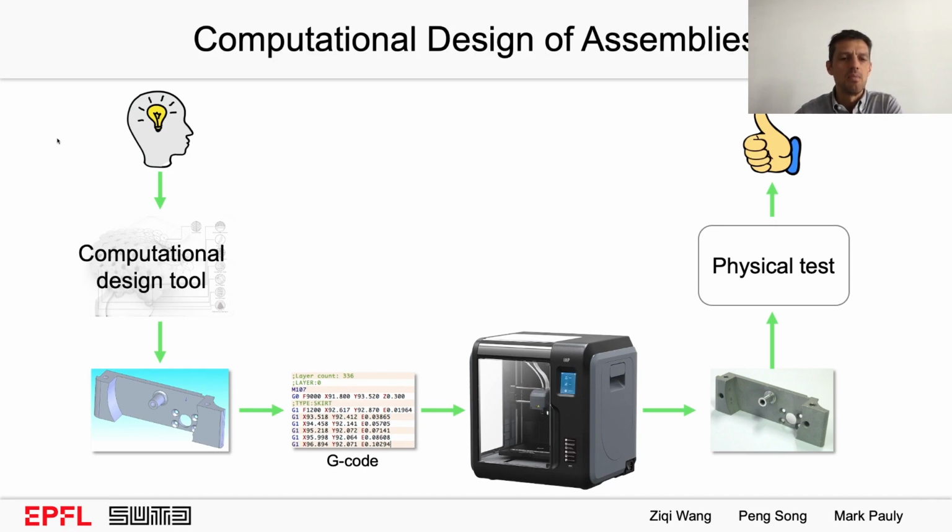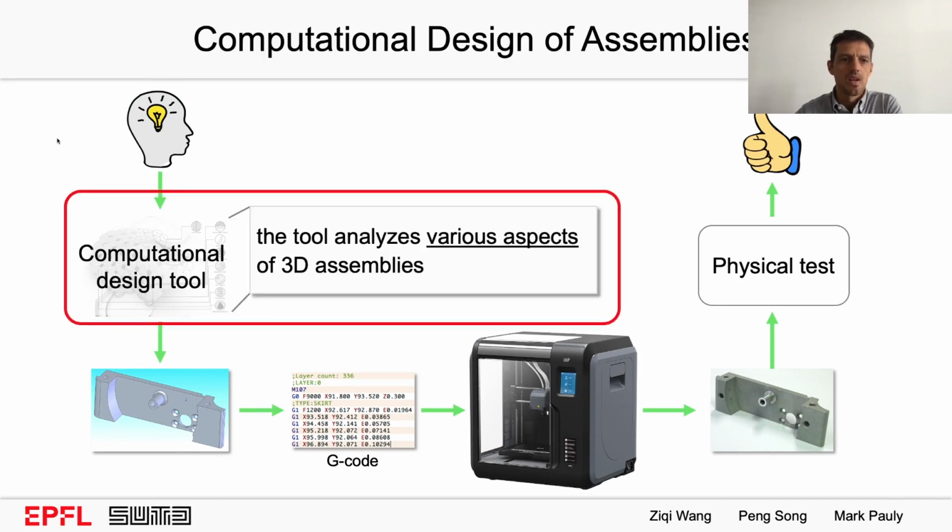And because there are many steps involved, including designing the parts, fabricating them, looking at their structural and functional performance, computation is really key to make this process effective. So in this report, we will look at the computational design process, and in particular, talk about various tools and algorithms that allow us to understand performative aspects of 3D assemblies.